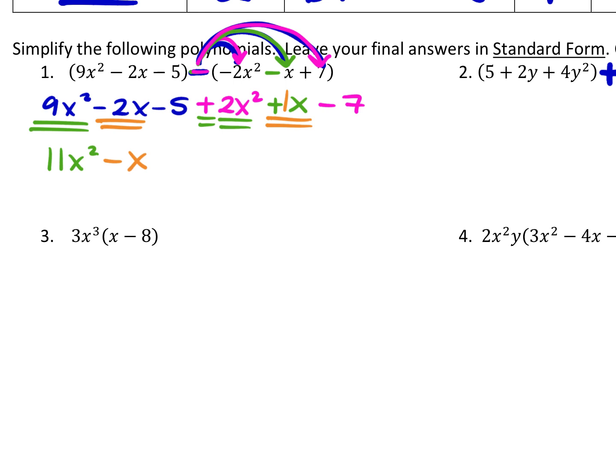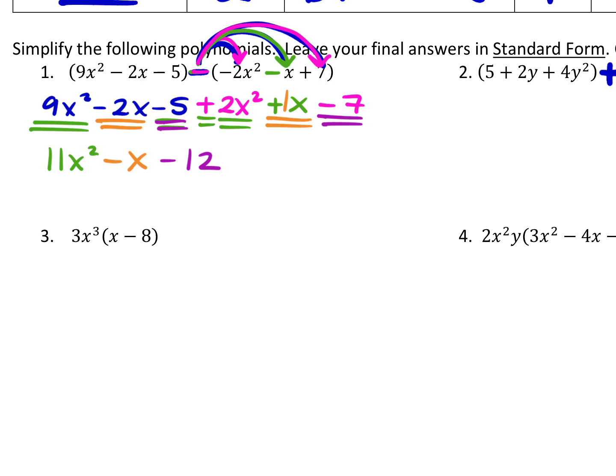So just minus x, you can put a 1 in there if you want. Maya, what's your last move here? Negative 5. Oh, let's pick a different color. Negative 5 minus 7 is? Negative 12.